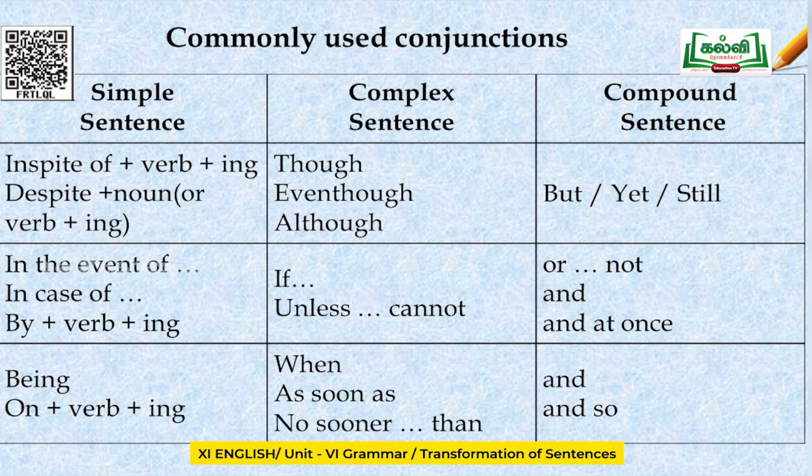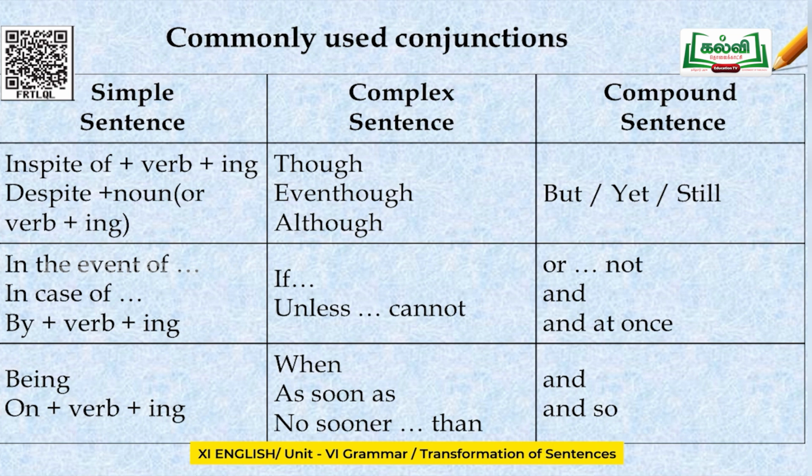Another one is and at once. The phrase for this set is in the event of, in case of, or, by plus verb plus ing. All these words which I put as verb plus ing are going to be a gerund or present participle.